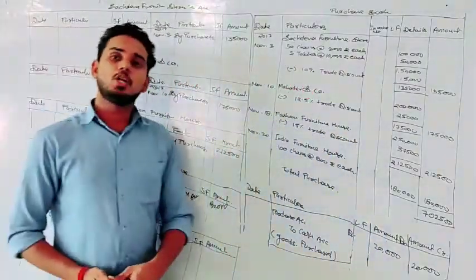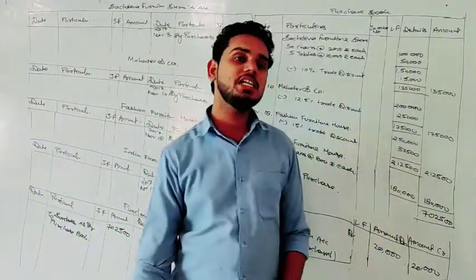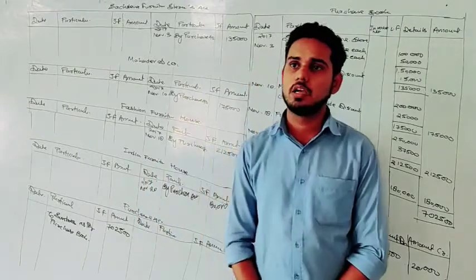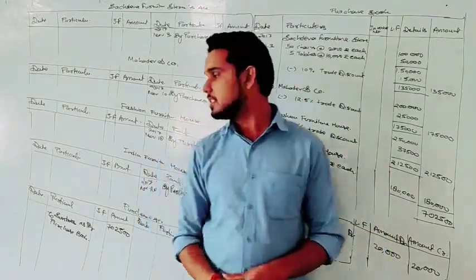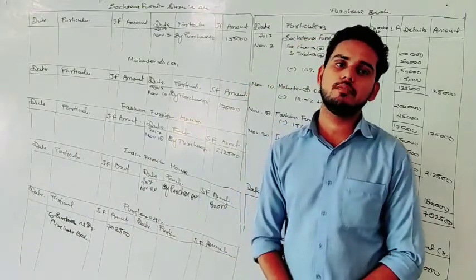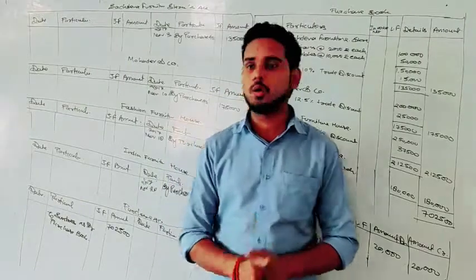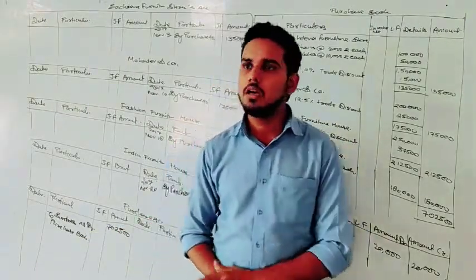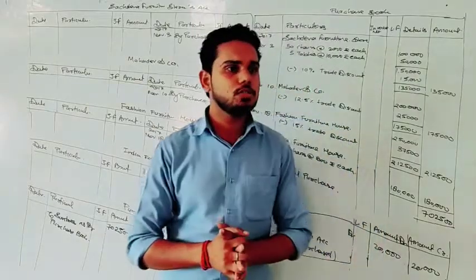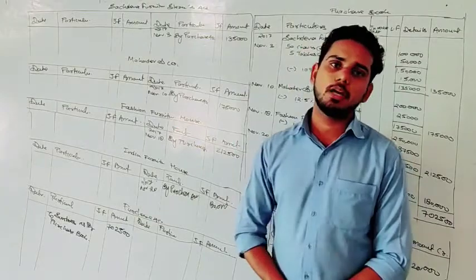You will write "To sundries as per purchase book". Sundries means more than one. That means this 7,02,500 represents more than one purchase, and if you want to know, you can refer to the purchase book. No confusion now. So this way you can make the posting from any particular subsidiary book.